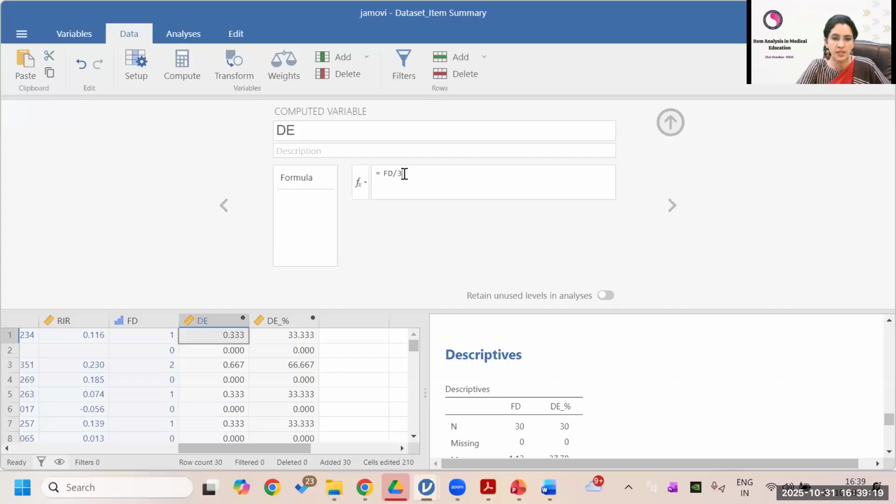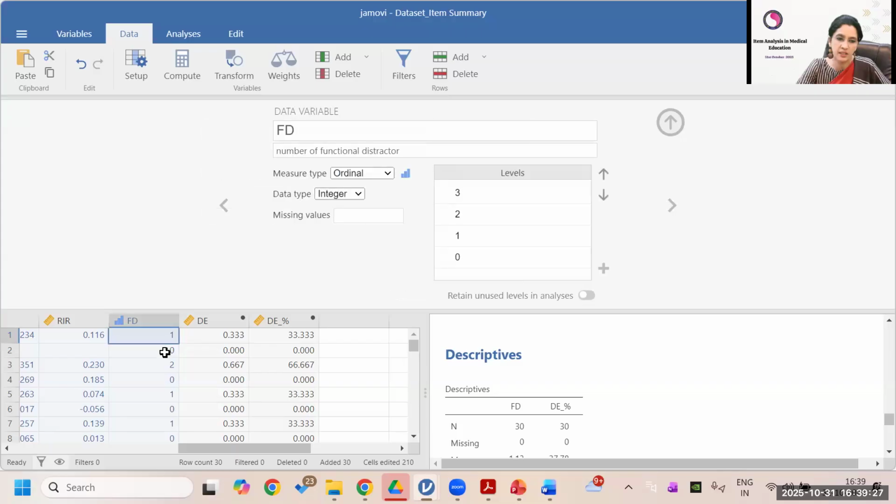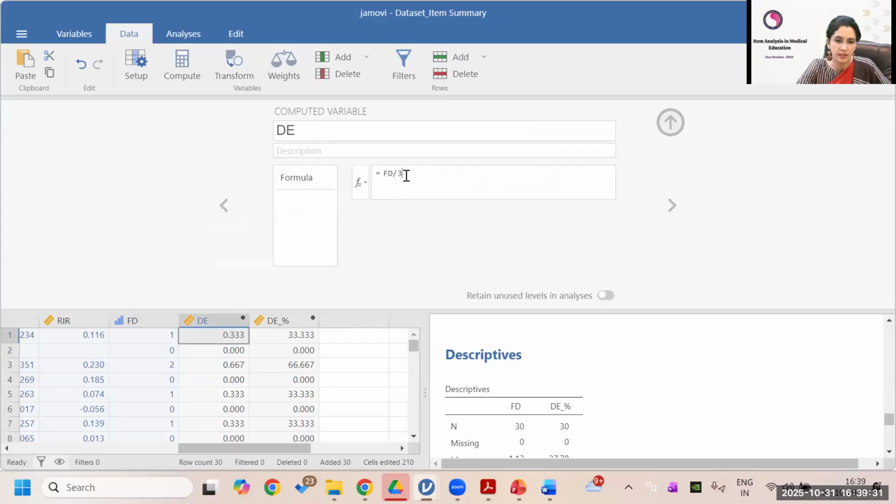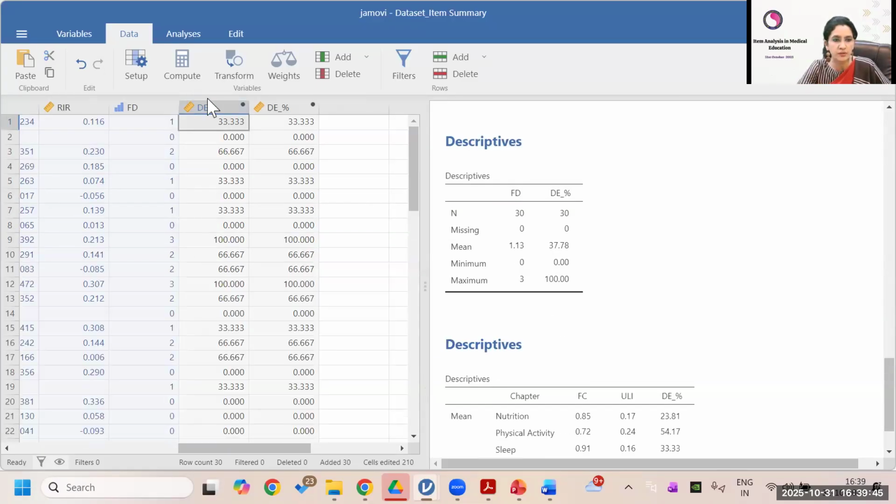Because the total number of distractors were 3 for each item. So the functional distractors item wise will be FD by 3, meaning 1 by 3, 0 by 3, 2 by 3. And then you can multiply it by 100. Why? Because otherwise this is 33.3. So I will multiply it by 100. So this is your distractor efficiency.